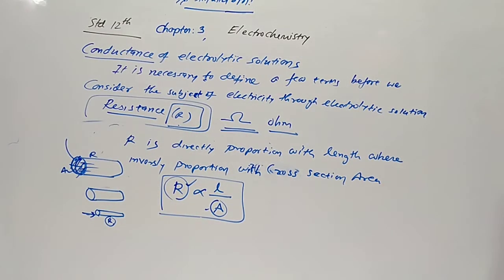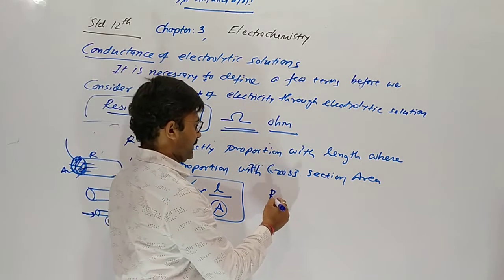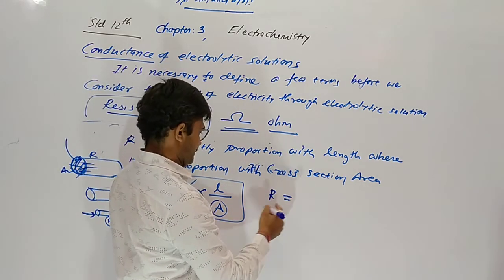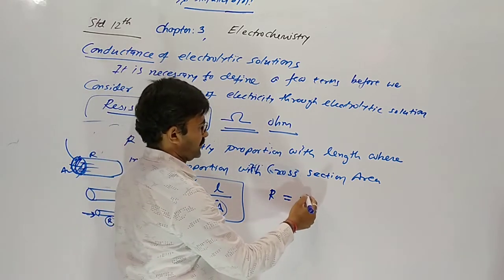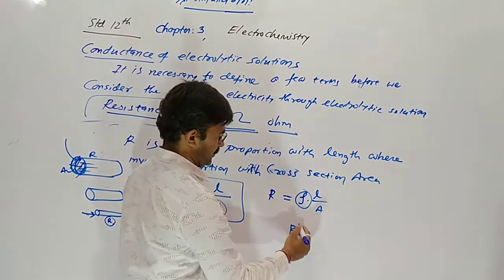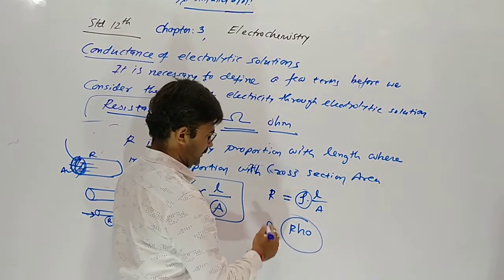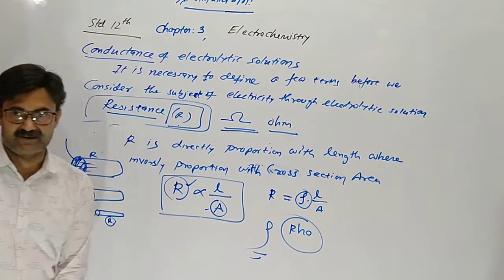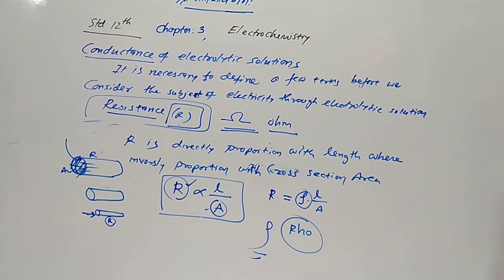So we are using thick wires. Here we are removing the proportionality, so there should be a proportionality constant, which is rho in the Greek alphabet.